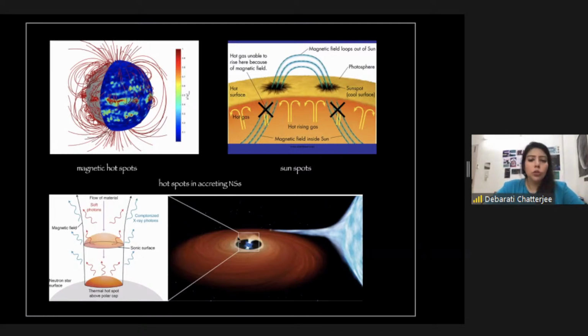If neutron stars are accreting matter from a companion star, the accreting matter falls on the surface of the neutron star through an accretion column, and where it touches the surface is also where hotspots are produced. So this is another very important origin of hotspots that I forgot to mention yesterday.